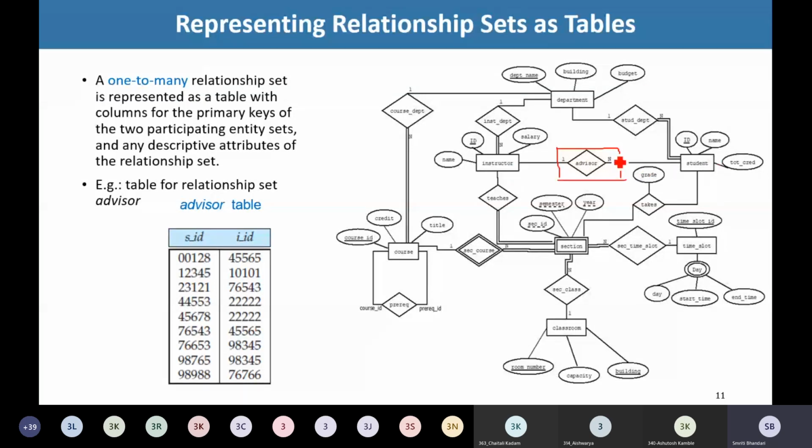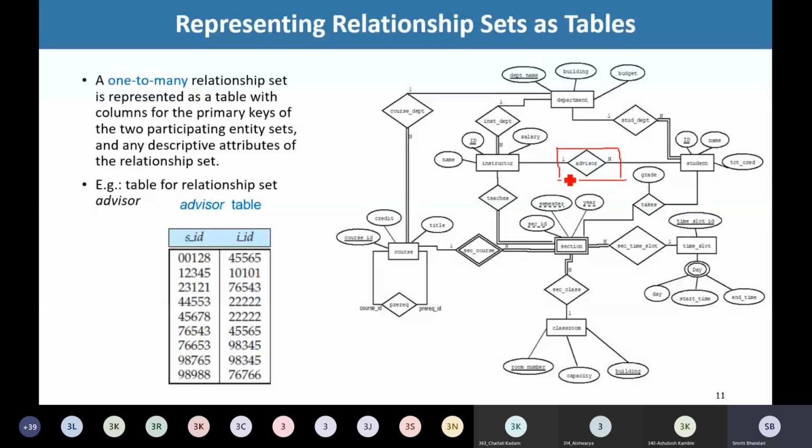So who are the participating entity sets here? Instructor and student, who participate in this relationship set advisor. So in this table of advisor, I will have the primary key of instructor and the primary key of the student.